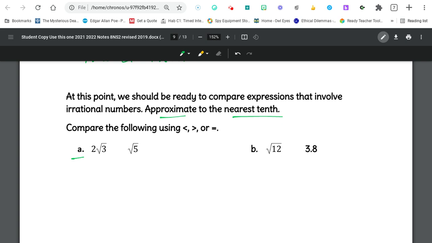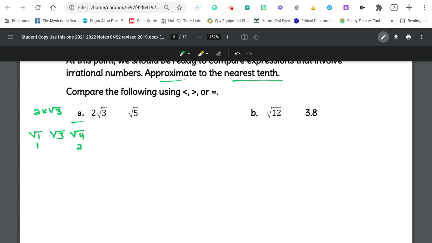All right, so let's take a look. I'm going to work on the square root of 3 first. It lies between the square root of 1 and the square root of 4. So I know it lies between 1 and 2.